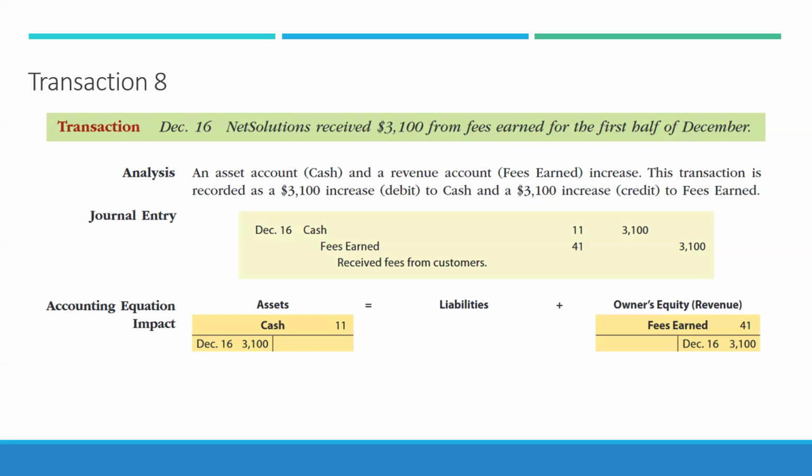If, for example, it was for the previous month's billing, you have to record the revenue in the period in which it's earned, and so accounts receivable would have been recorded in the earlier month, and then accounts receivable would decrease.